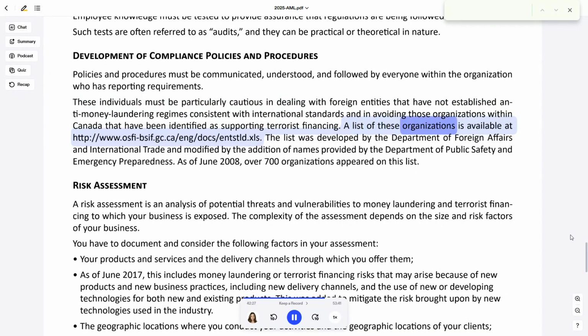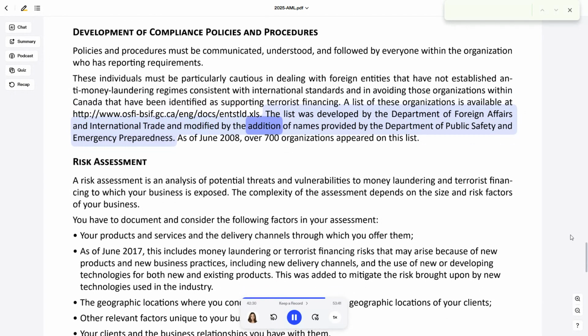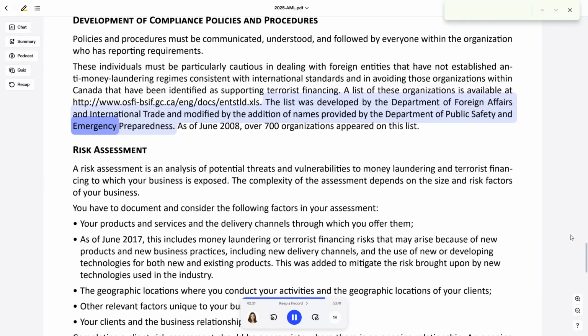A list of these organizations is available at www.osfi-bsf.gc.ca/en/docs/ntestheld.xls. The list was developed by the Department of Foreign Affairs and International Trade and modified by the addition of names provided by the Department of Public Safety and Emergency Preparedness. As of June 2008, over 700 organizations appeared on this list.